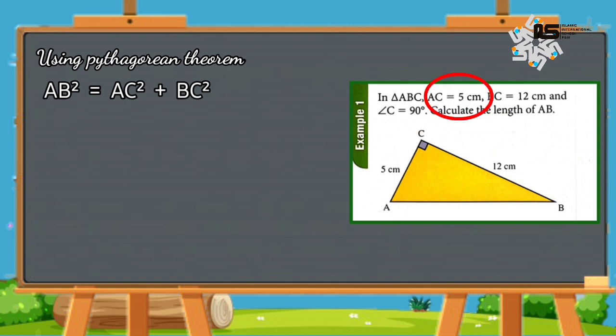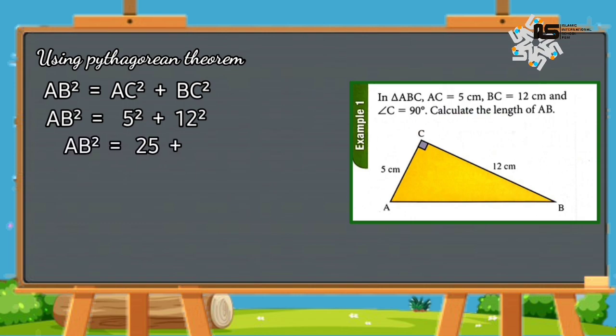Next, we input AC is 5 and BC is 12. Then we can write AB square is equal to 5 square plus 12 square. 5 square is 25 and 12 square is 144. 25 plus 144 is 169.